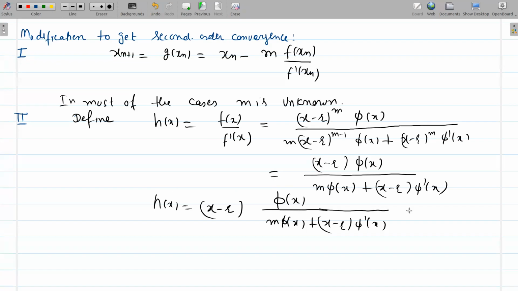If you set this equal to 0, then you get x equal to r only one time. And you can check this term is non-zero at r. So what is this term? m phi r by m phi r plus (r minus r) phi dash r. This becomes 0, so phi r, so this is 1 by m.